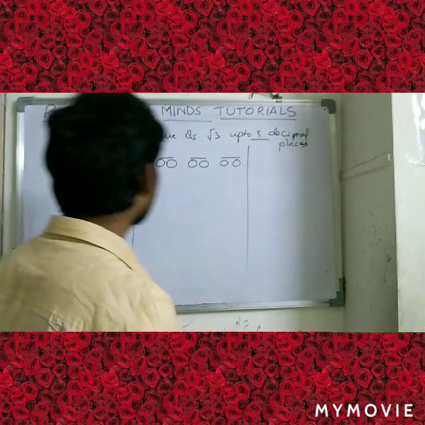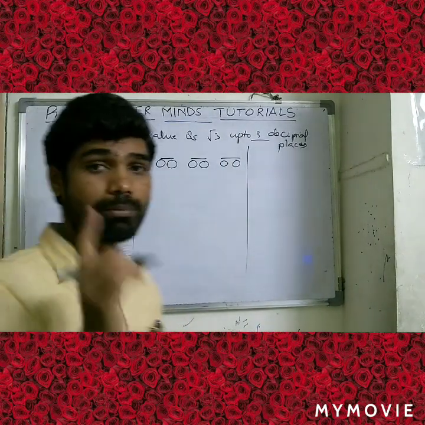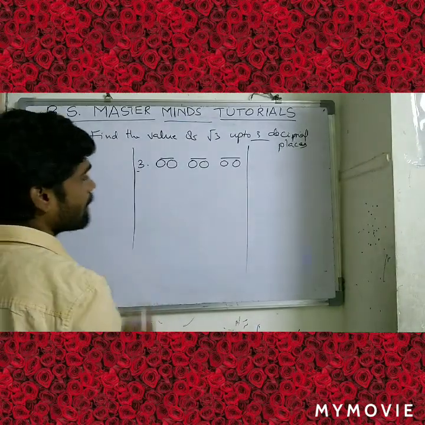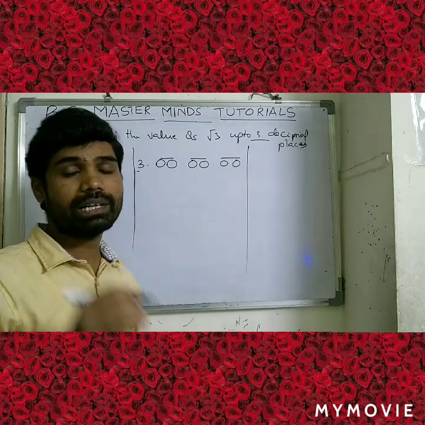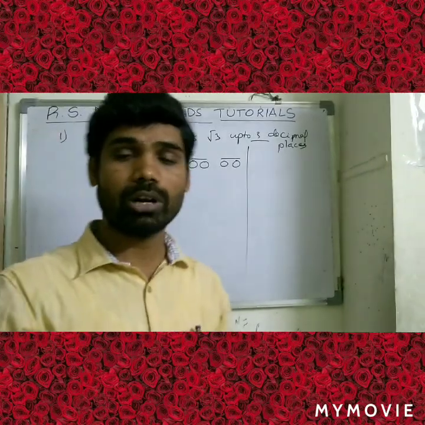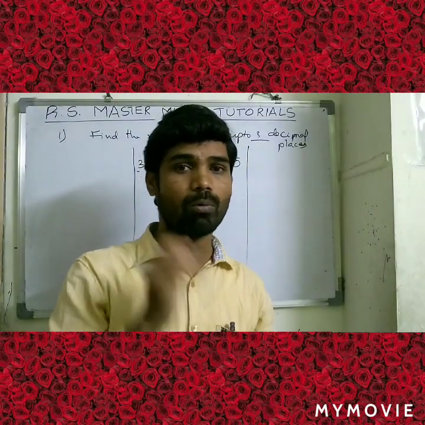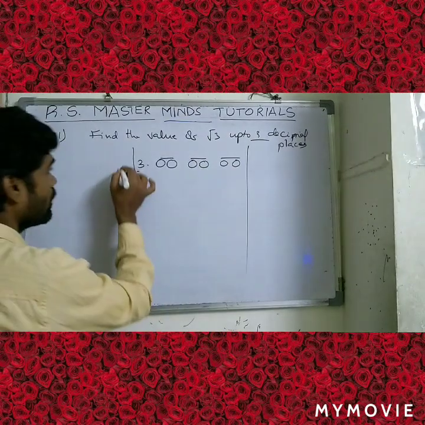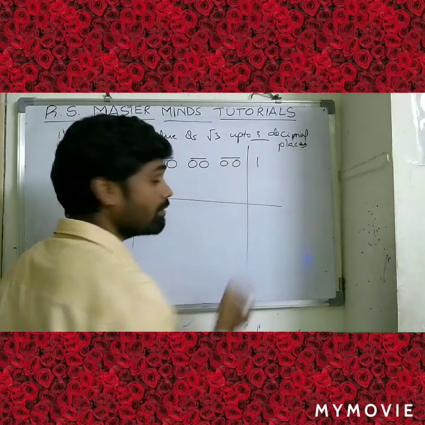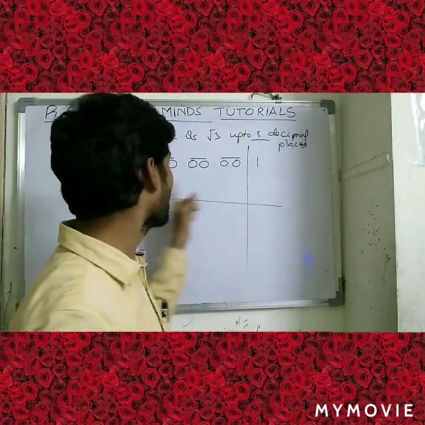Now the first step is very important because it is the beginning. What is the first step? For 3, what is the perfect square before it? The perfect squares are 1, 4, 9. So 4 is more than 3, and the perfect square before 3 is 1. So let us take 1. 1 ones are 1.